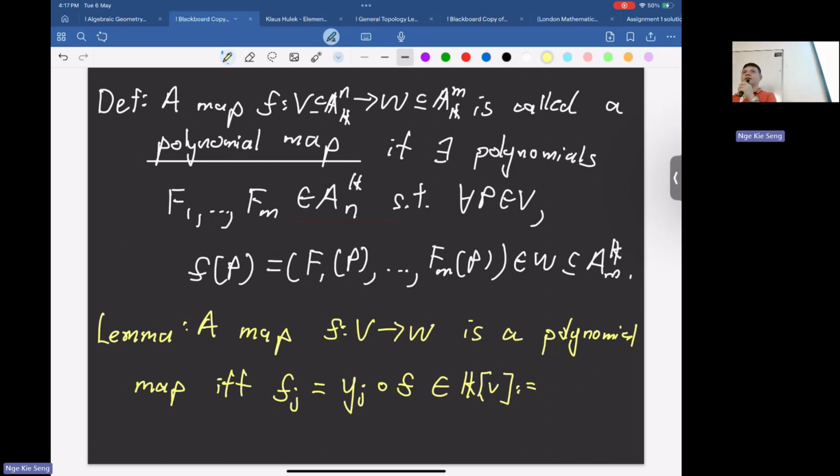Which one to pick, n or m? n. Okay, polynomial ring of n variables, quotient by the ideal attached to this variety. What is IV? All the functions that vanish at the points of V.